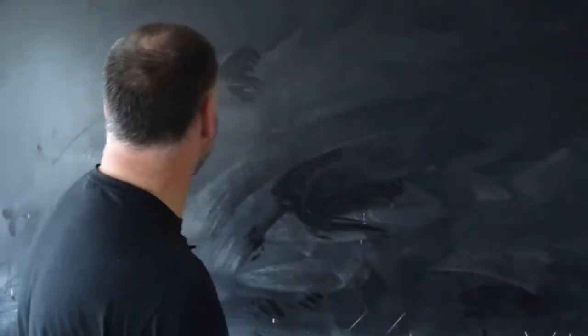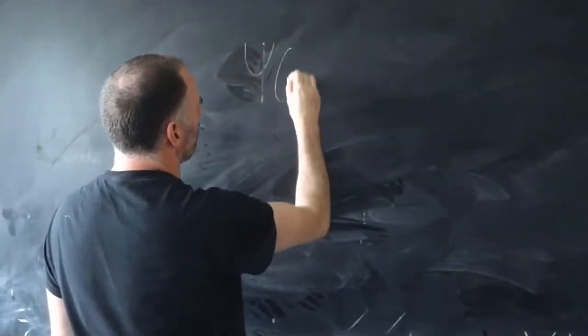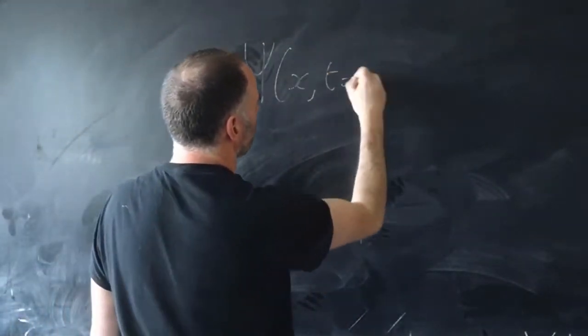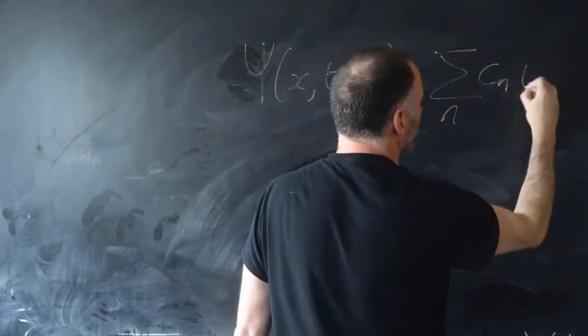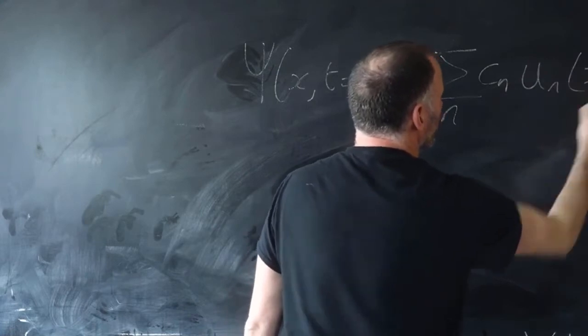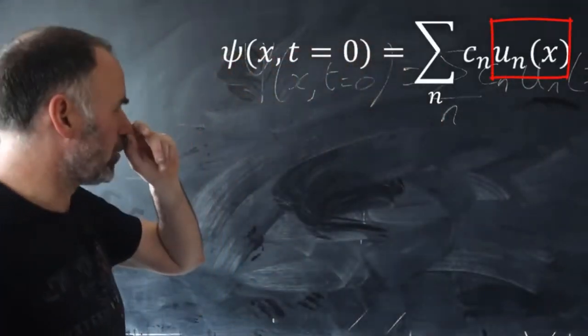And another key difference in terms of the classical and the quantum world, although with the superposition there were many, many parallels, here's another key difference. We're going to write our wave function at t equal to 0 in terms of this superposition, where these are the basis states of our Hamiltonian.